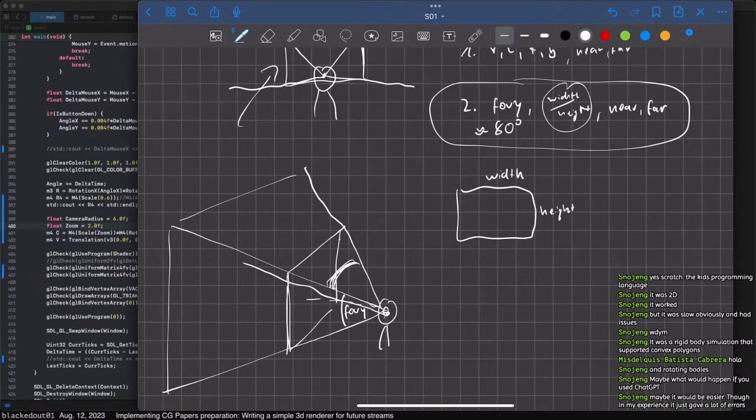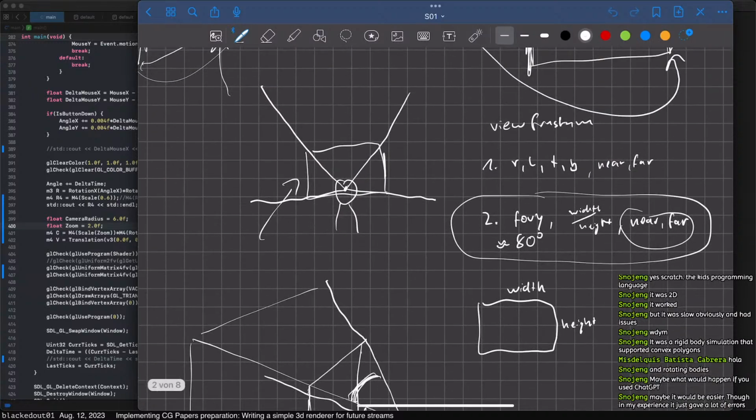And this you can just compute. It's really easy. And these you have to think about. This is basically a choice.